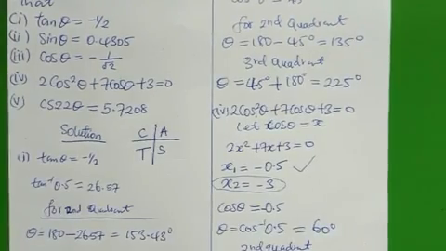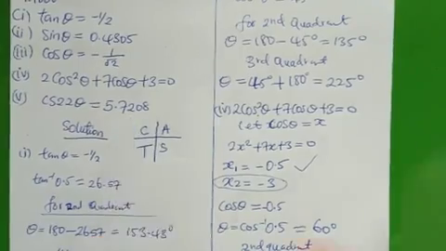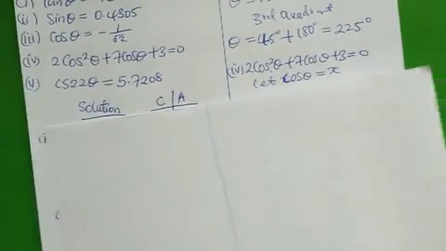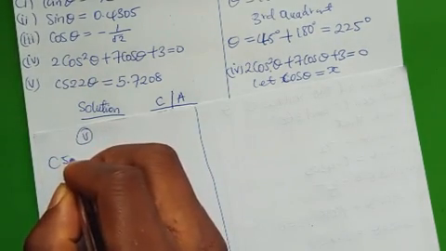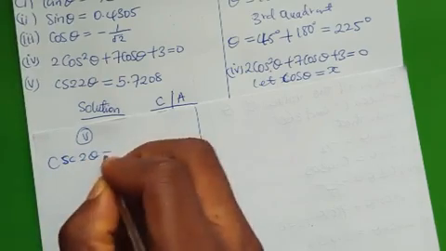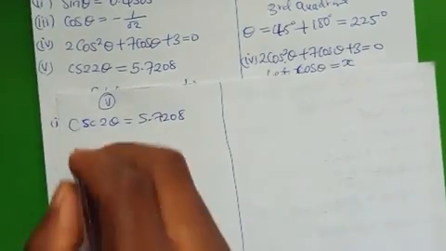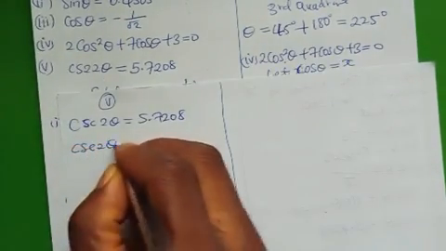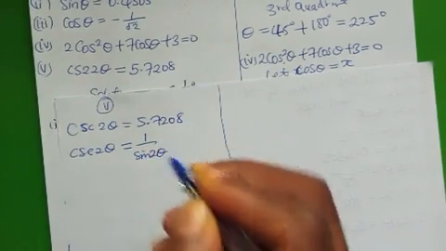The last problem here says cosec 2 theta is equal to 5.7208. Okay, let's look at that. The question number 5, cosec 2 theta is equals to 5.7208. But don't forget that cosec 2 theta is equal to 1 all over sine 2 theta. They are the same thing.